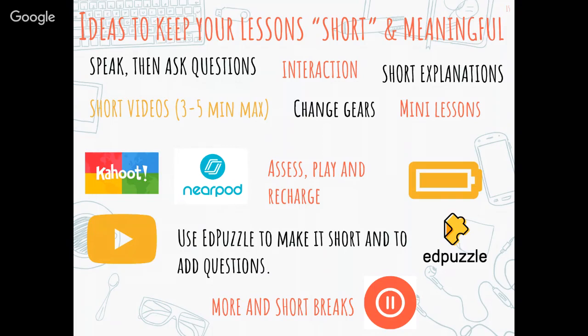One of the tools that we have used all the time for the last 2 years in my classroom, and the students love it, is Kahoot. Even though I tried different ones, they still love Kahoot, because it's a way of assessing, playing and teaching, and students recharge their energy after they feel that they got it and are having fun.